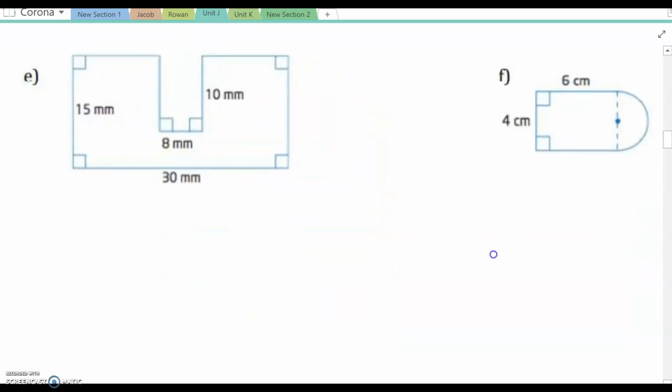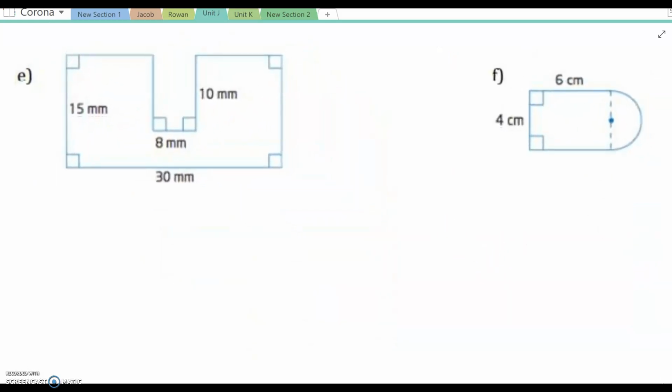Okay, question E. You have options here. I could try and split this up into 3 different pieces. I have a rectangle, and a rectangle, or I can try and split it this way if I really wanted, into this shape, and this long shape.